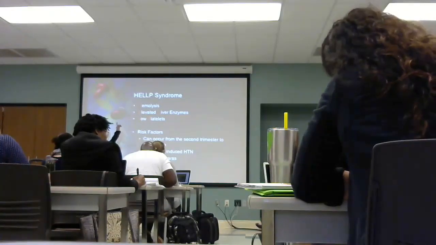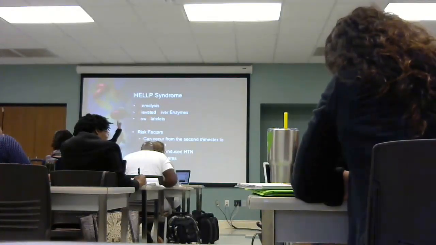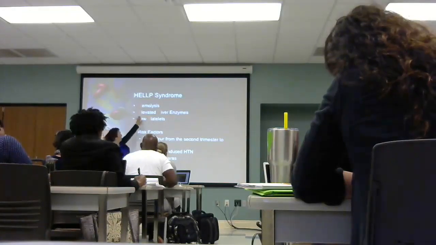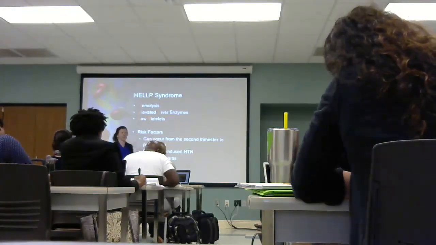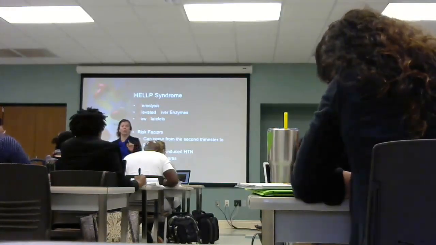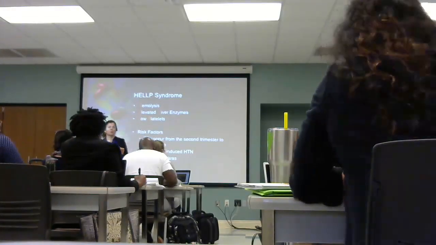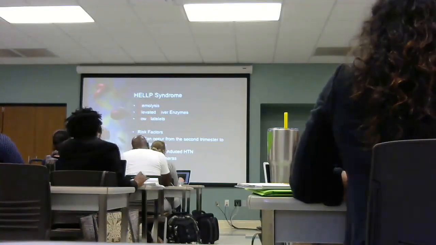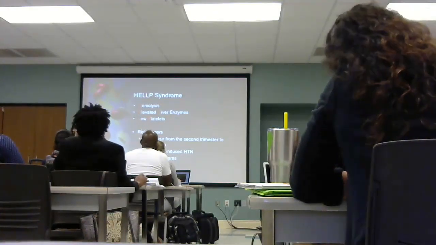So you would have anemia, thrombocytopenia, low haptoglobin, and the AST will be elevated. Which bilirubin will be affected, direct or indirect? Indirect.